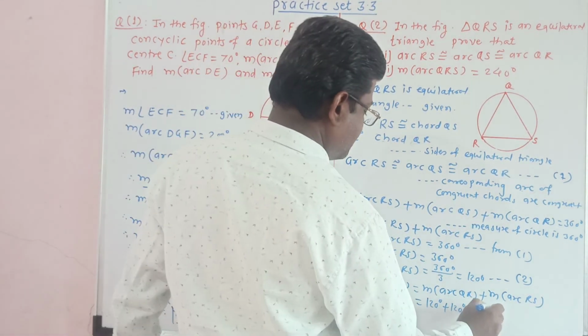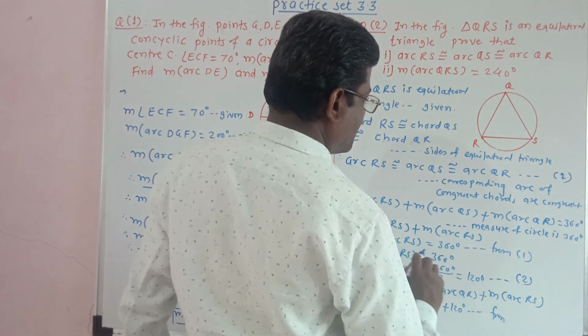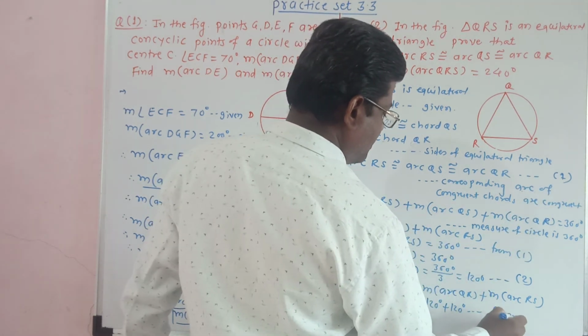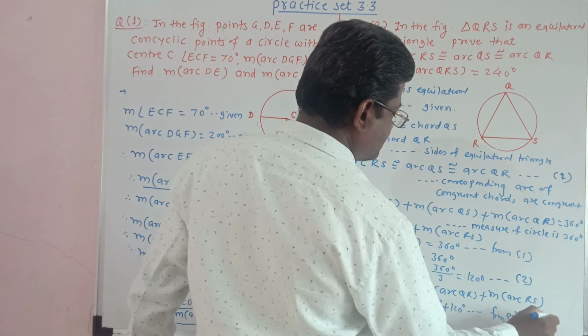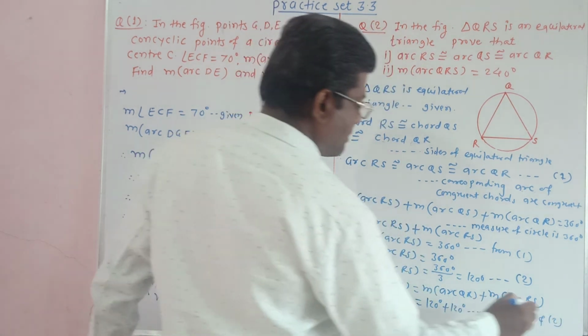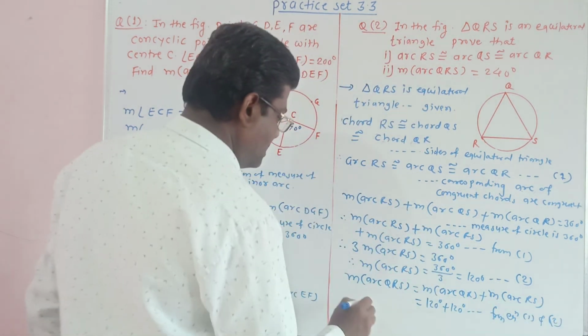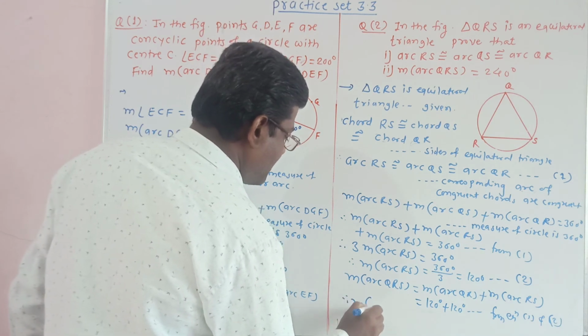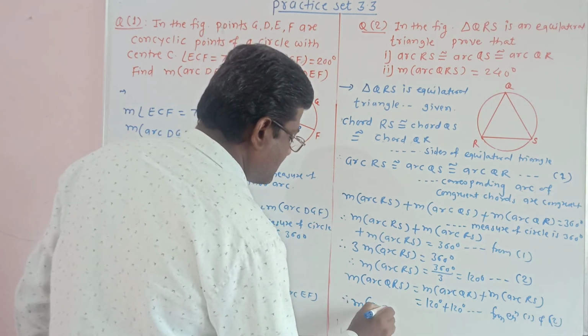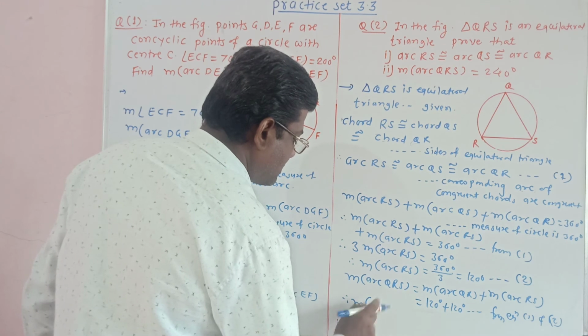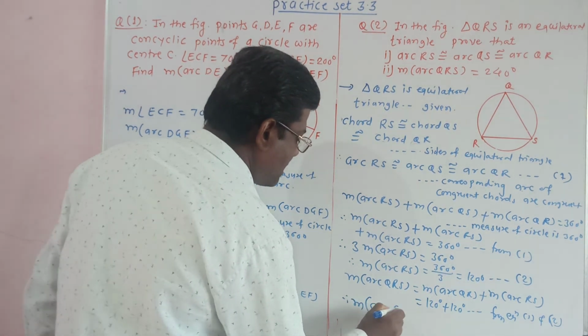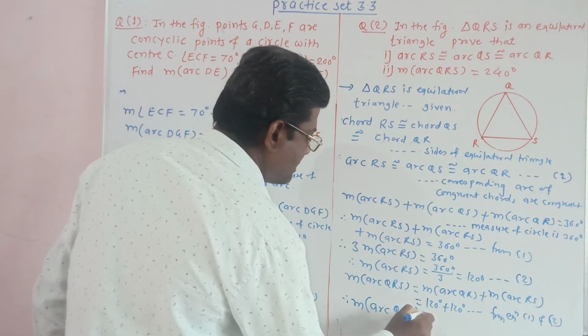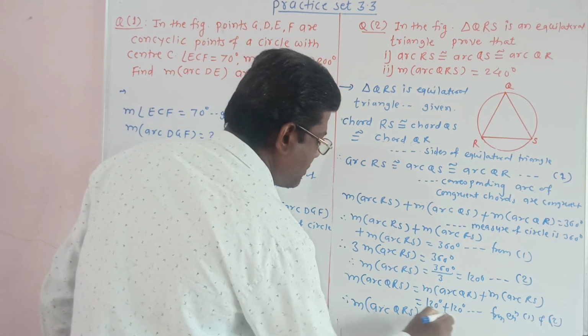This is from equations 1 and 2. Therefore measure of arc QRS is equal to 240 degree.